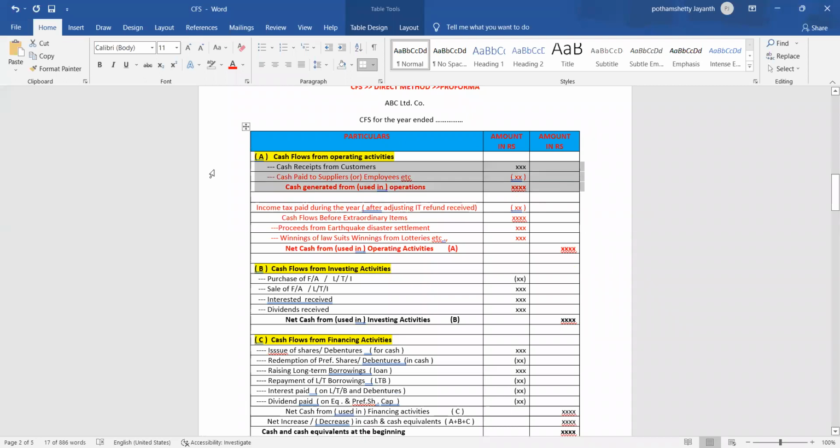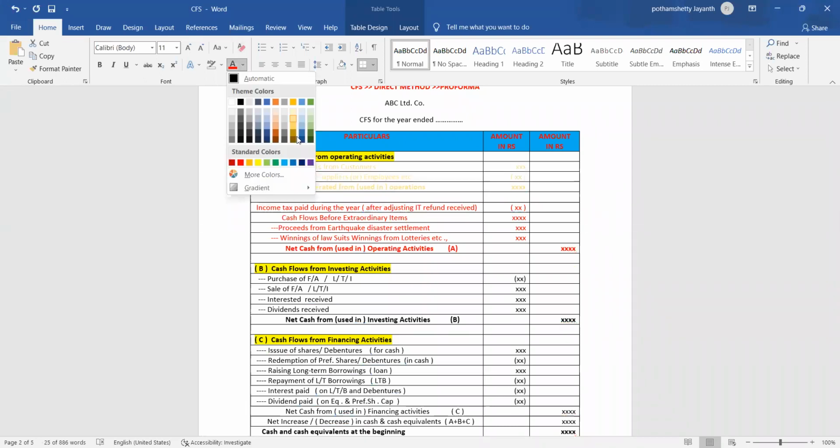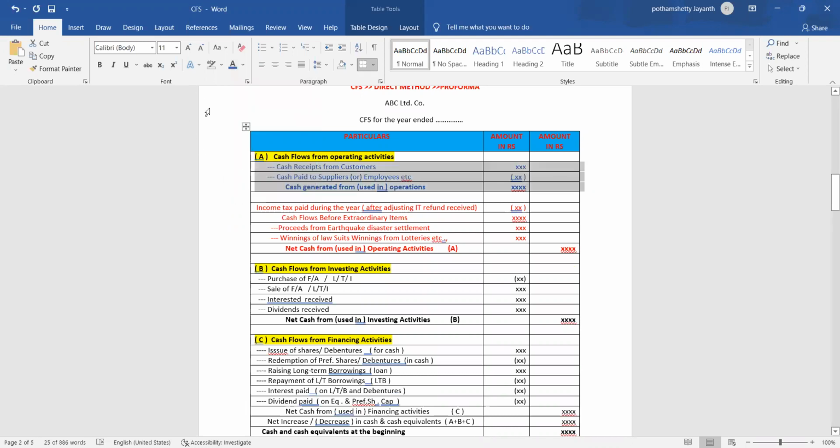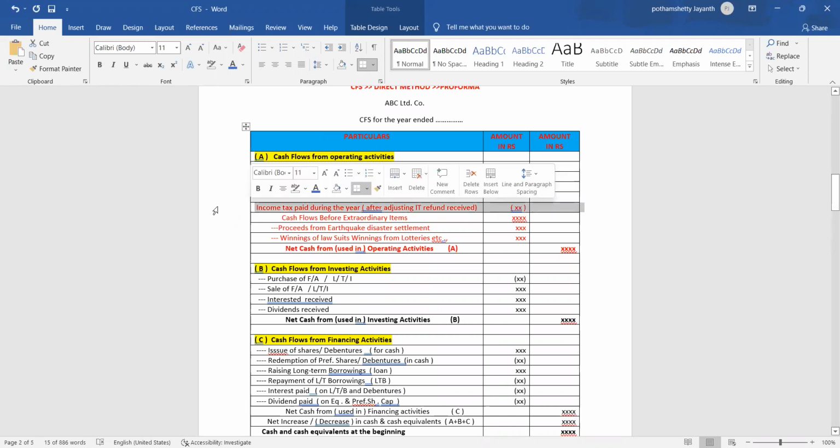So these things we will put in another color, green. Can you see it? I'll put blue. These things will not change, these will remain, this will change, and the red ones do not change.